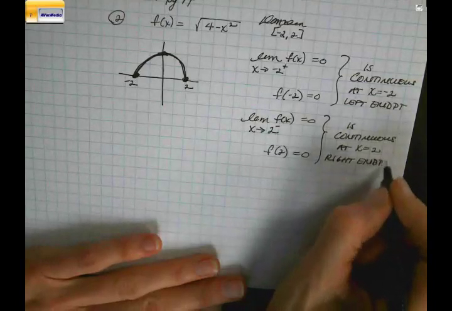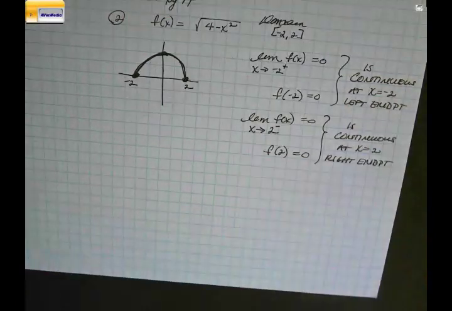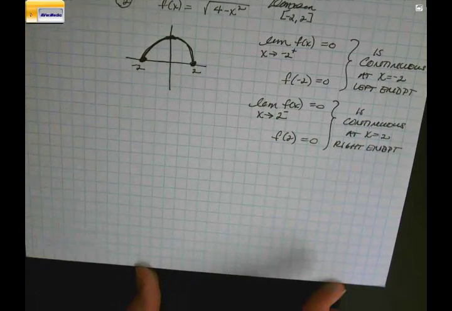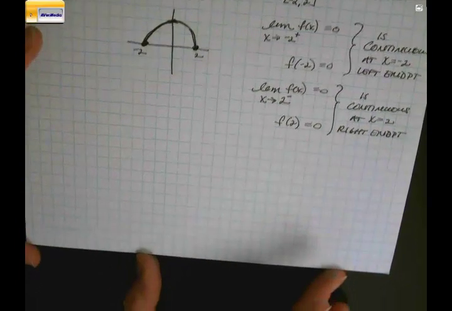Okay, so that's really getting right down to the nitty-gritty, proving that it's true. We can see it true by the graph, but that proves it algebraically. The limit, the one-sided limit, and the function value must be equal at an endpoint.